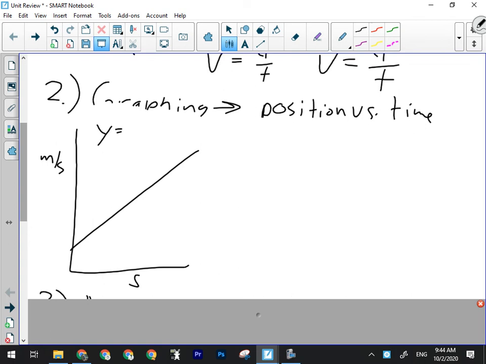This time, let's say it's going to be, alright, so I give you that graph with that equation, and I say calculate the acceleration. Okay. How many marks would that question be worth, do you think? 1. Why? It's right there.